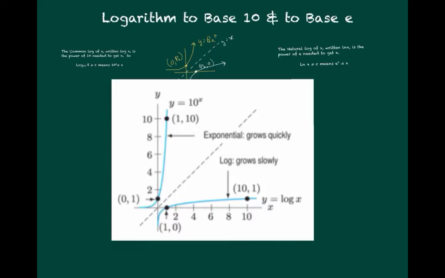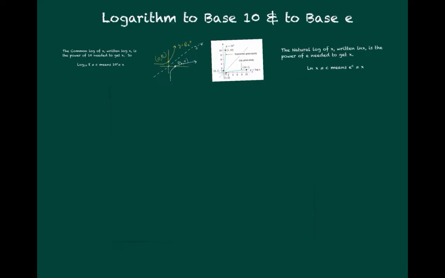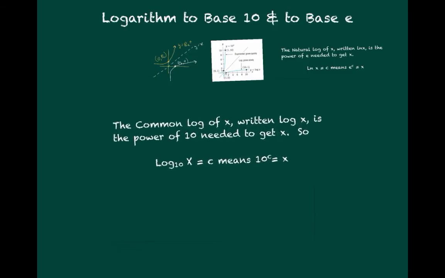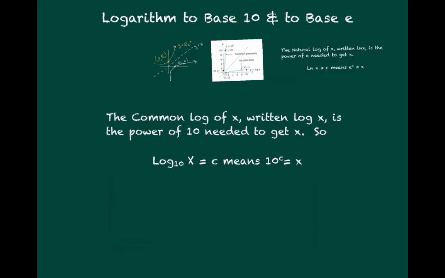Let's talk about the two most common, the common log, base 10, and the natural log, base e. All right, the common log of x, which is written just log x, we're very used to seeing just log x, is the power of 10 needed to get x. So we write it like this. If you're writing log base 10 of x, or you could just write that as log of x, it's the same thing.